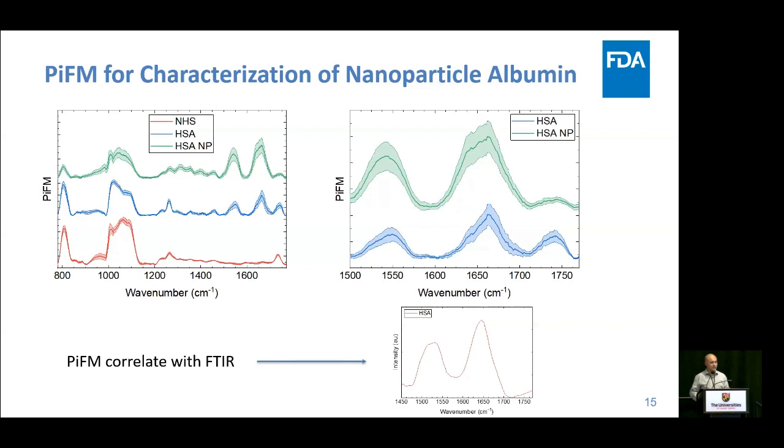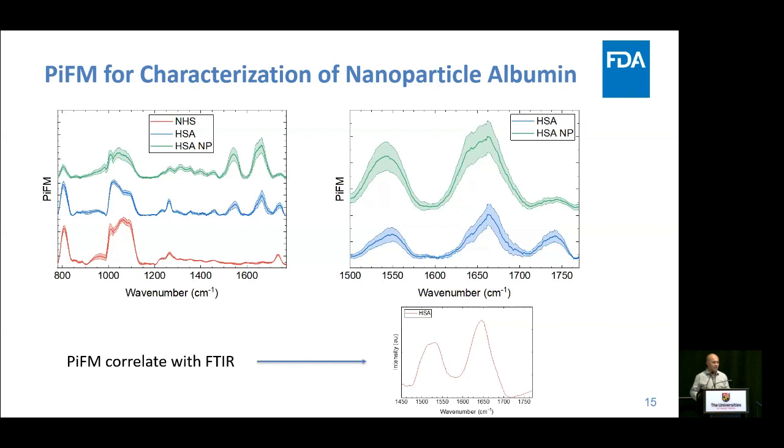Then we conjugated HSA in its monomeric phase. We obtained the amide 2 at 1550 and amide 1 at 1650, and 1680 is really the broadband. It's really interesting because the amide 1 carries a lot of information related to the conformation of the protein: alpha helix, beta sheet, whether it's aggregated or not.